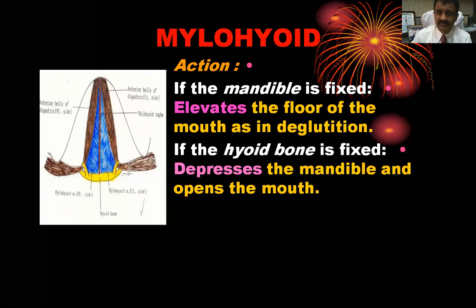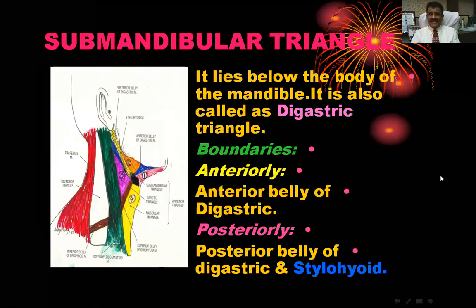Okay. Now, the submandibular triangle. I told you yesterday, and again in the morning, that the submandibular triangle is also called the digastric triangle, because both bellies of the digastric muscle form the boundaries of this triangle, and it is called submandibular because it lies below the mandible bone, mainly the body of the mandible.